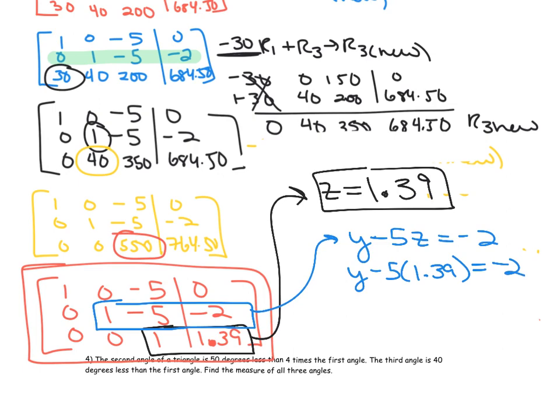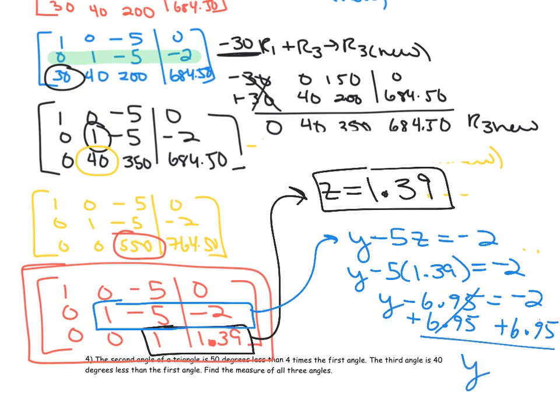And negative 5 times 1.39 is negative 6.95, so Y minus 6.95 is equal to negative 2. If I just add over the 6.95, we'll get Y to equal 4.95. All right, we're almost done. Now we just want X.